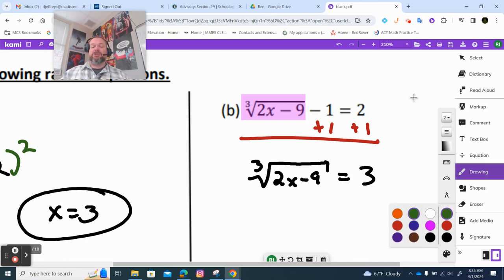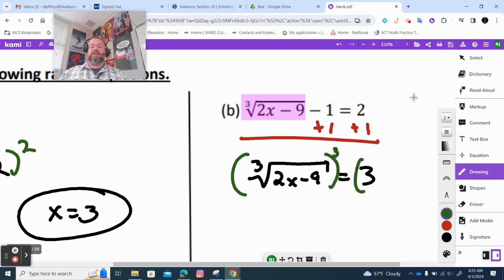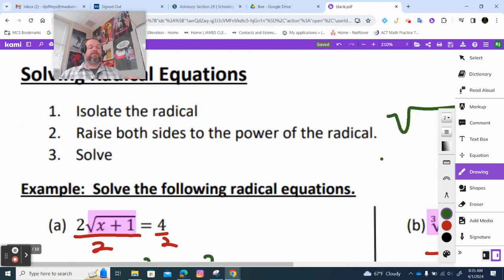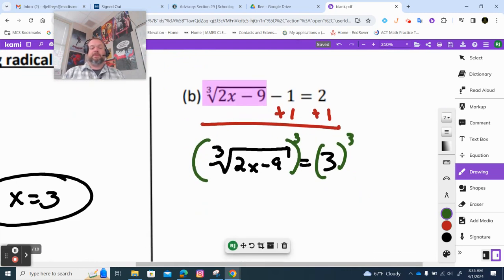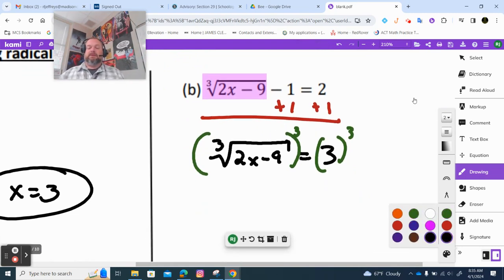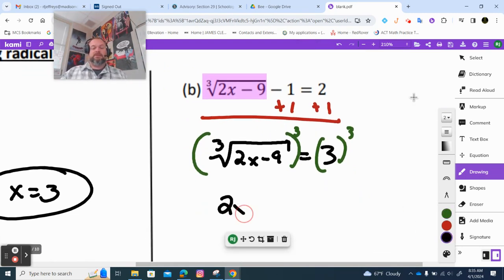So we're actually going to cube both sides because that's what it says in step 2 over here. 2x minus 9. So 3 times 3 is 9 times another 3.